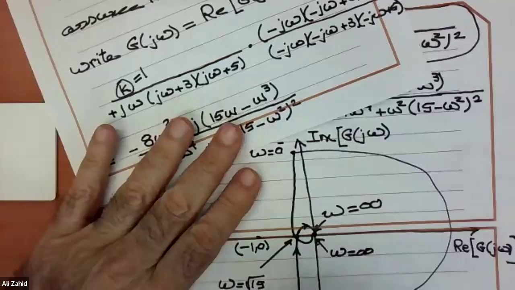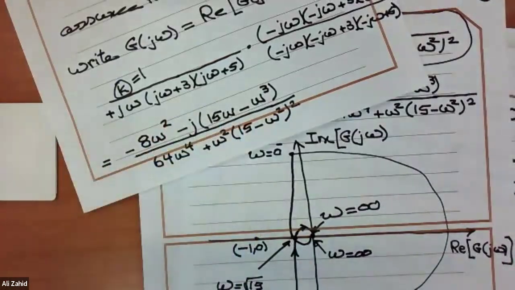At that point, omega, that is called what? The phase crossover frequency, not the gain. The phase crossover frequency. Did you get it? Yes, makes sense. Which is the value of omega at which the phase will hit minus 180.